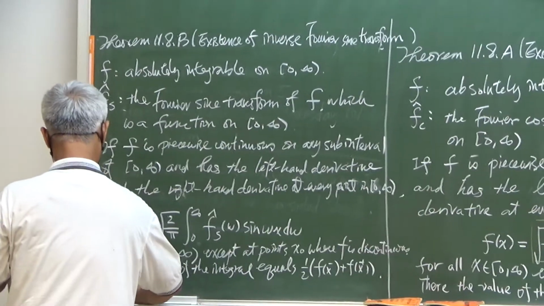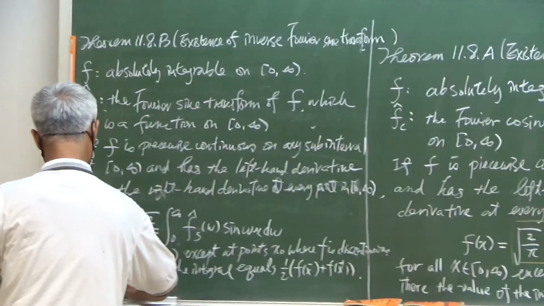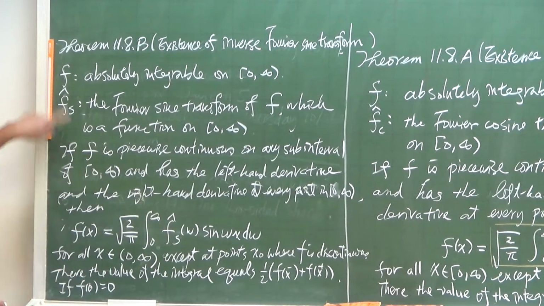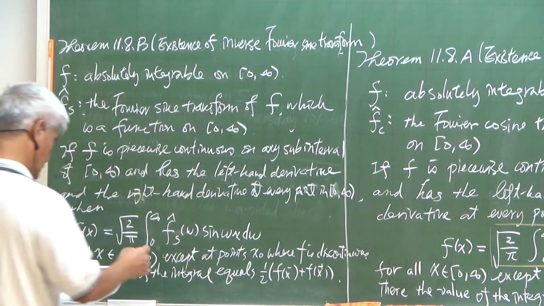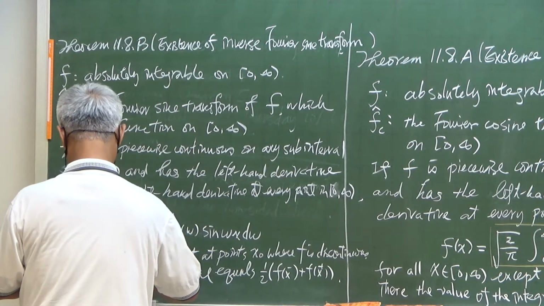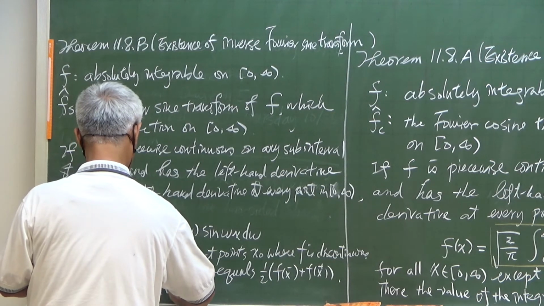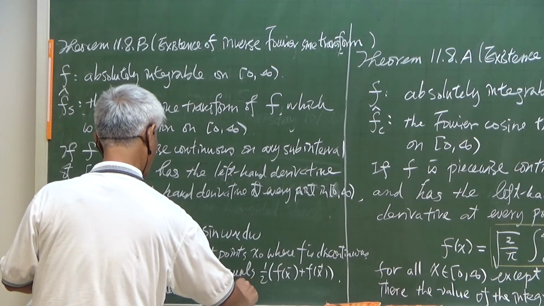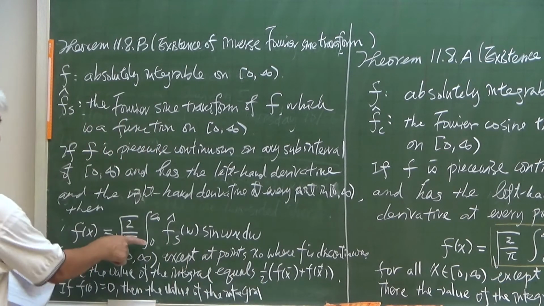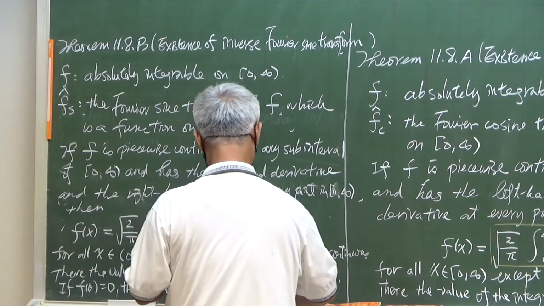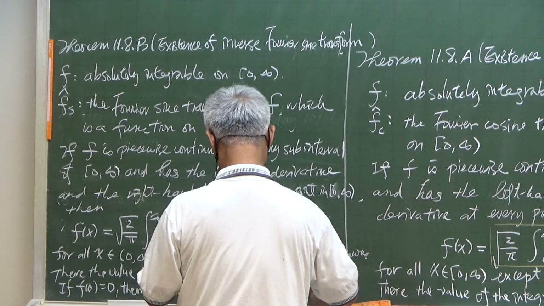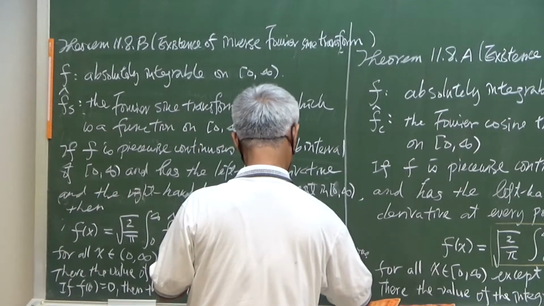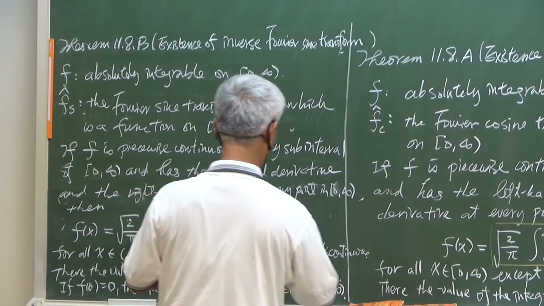If f of 0 happens to be 0, meaning the function value of f at 0 is equal to 0, then the value of the integral at x equal to 0 equals f of 0.